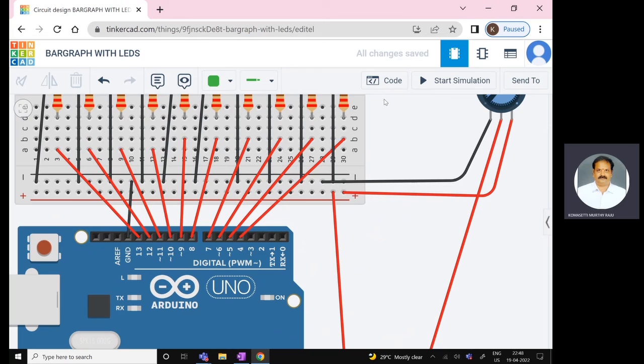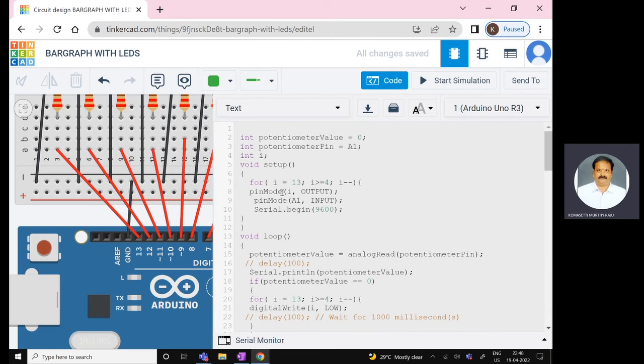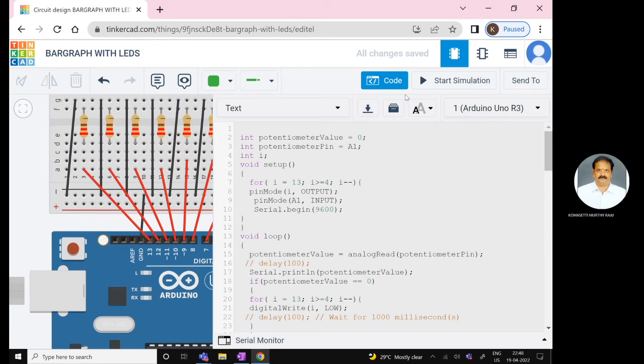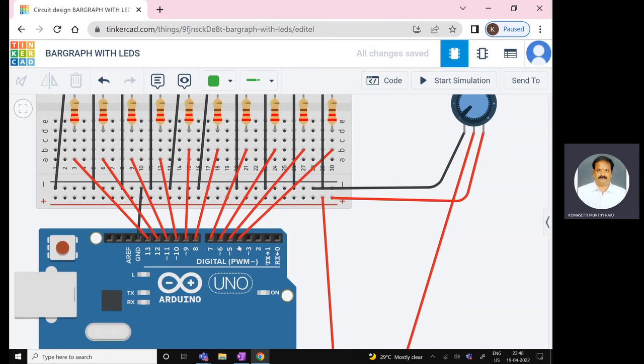These digital pins are declared by using a for loop: for i equal to 13, i greater than or equal to 4, i minus minus. That means 13, minus 1 means 12, 12 minus 1, 11, 11 minus 1, 10, 10 minus 1, 9, 9 minus 1, 8, 8 minus 1, 7, 7 minus 1, 6, 6 minus 1, 5, 5 minus 1, 4. pinMode i, OUTPUT. These are the pin modes for pins 13 to 4 defined in the code.